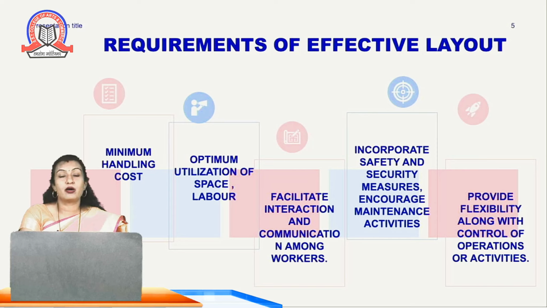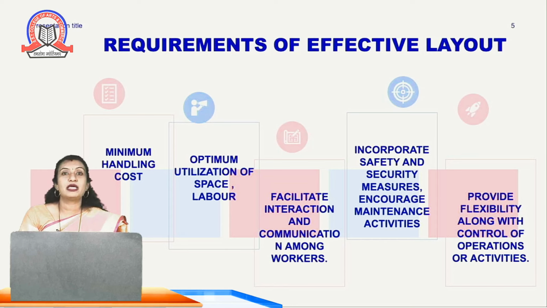So in any layout, if the material handling equipments are limited, then the handling cost will come down, and there should be proper utilization of the space and also of the labor, and there should be proper communication and interaction among the workers also, because in the plant layout the machineries or equipments should be placed in such a way that the workers are able to coordinate and communicate with each other.